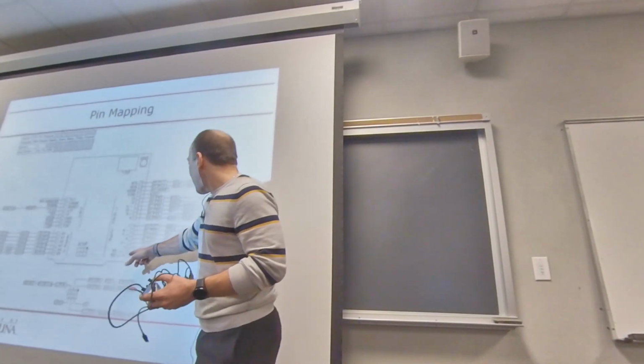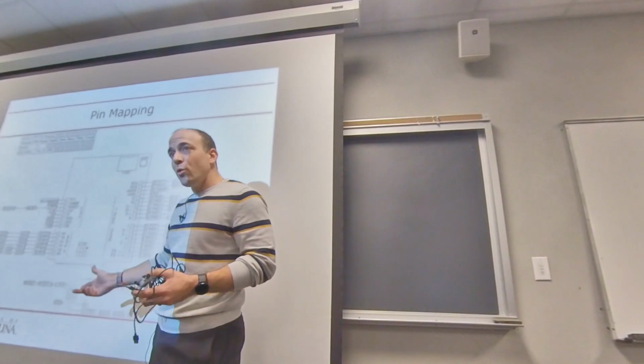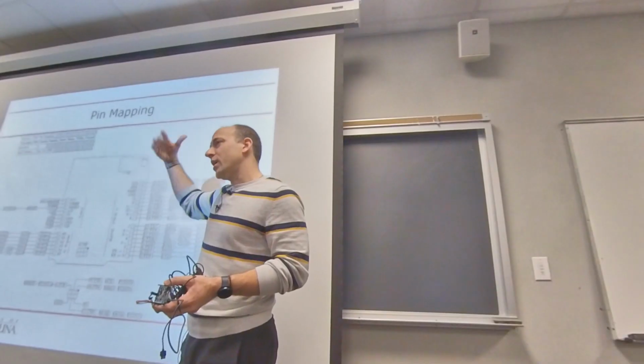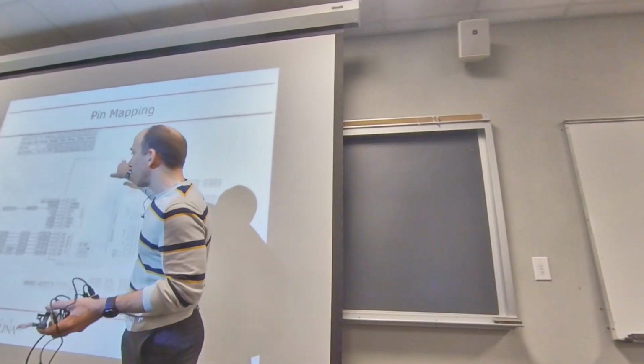But keep in mind that the hardware UART uses D0 and D1. So you want to stay away from those. Even though those are pins on the board, these are also connected to the USB bridge that bridges the UART and the USB. These are shorted together, right?